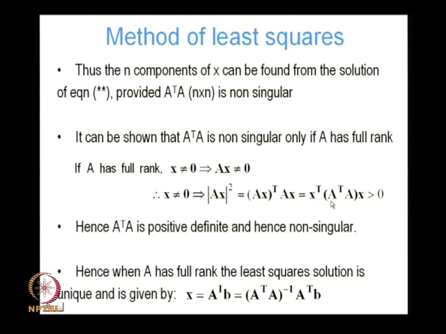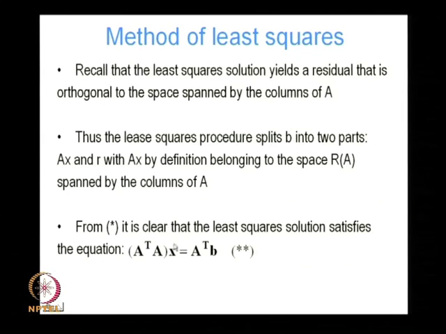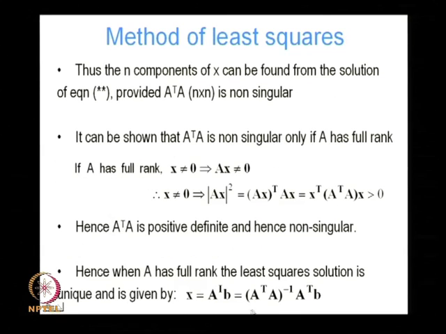So, this means that A transpose A is positive definite, hence non-singular. When A has full rank, the least square solution is unique and is given by x is equal to A transpose A inverse, just by inverting that matrix, A transpose B.